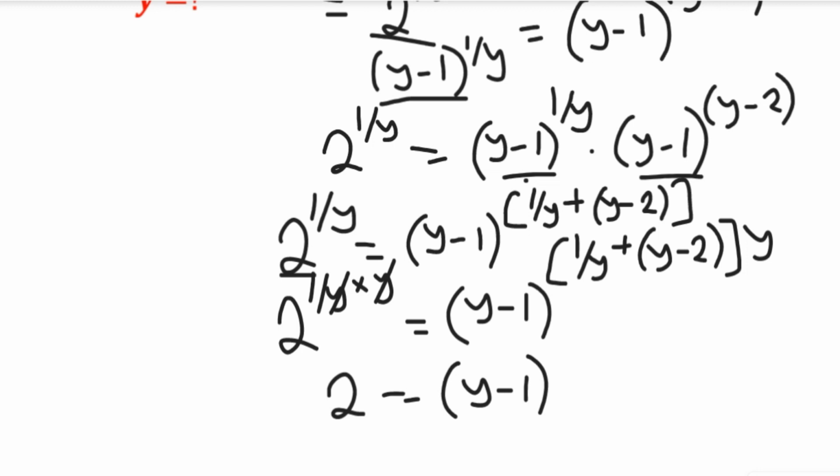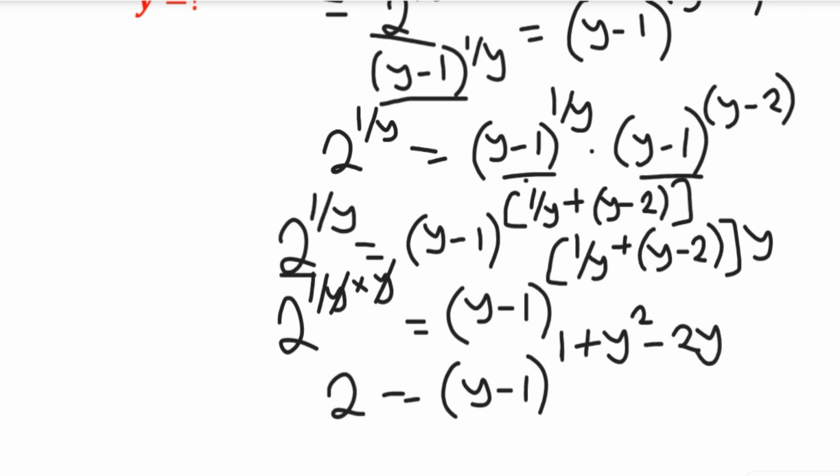to the power of y multiplied by 1 over y, that gives us 1, plus y multiplied by y gives us y squared, and y multiplied by minus 2 gives us minus 2y.